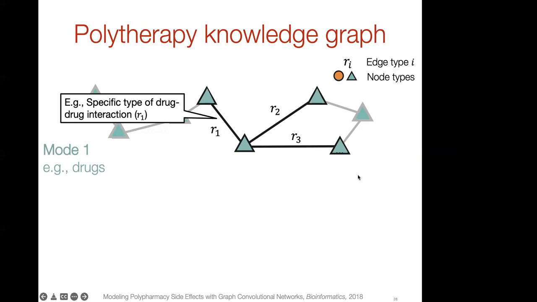And so for that first layer of information, where we looked at all approved drugs, each drug is represented as a green triangle, and two drugs are connected by an edge. That edge has a particular type, such as R-sub1 or R-sub2, and the type of that edge is a specific type of drug interaction.